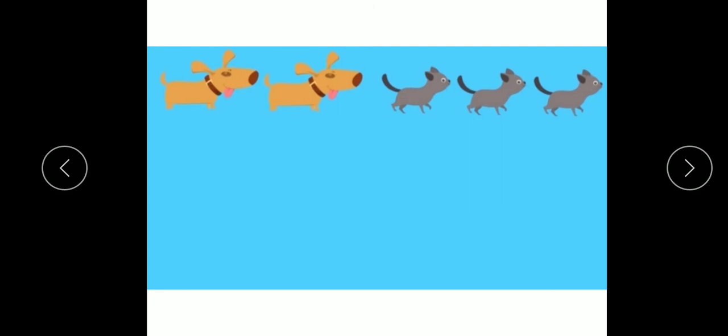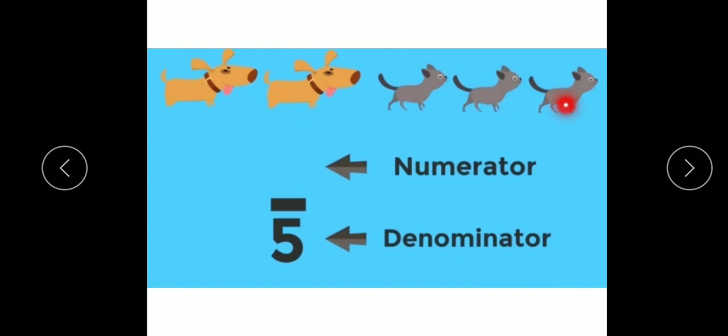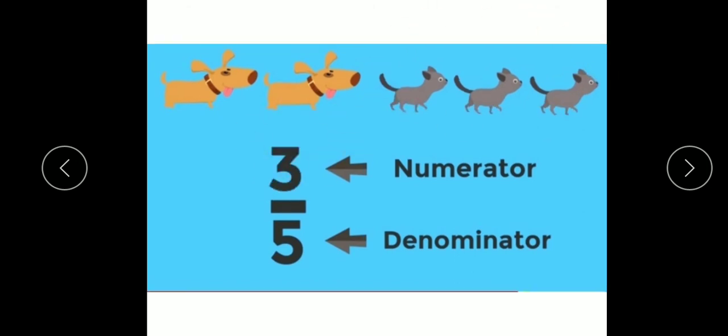Since the total number of pets is 5, we write 5 in the denominator. And since we are asking for the fraction of cats, the cats are 3. So, 3 is the numerator. So, the fraction is 3 by 5.